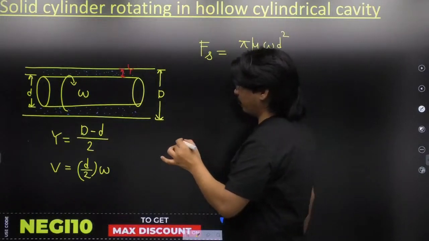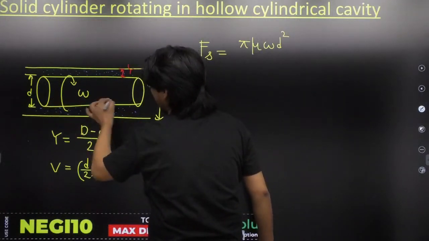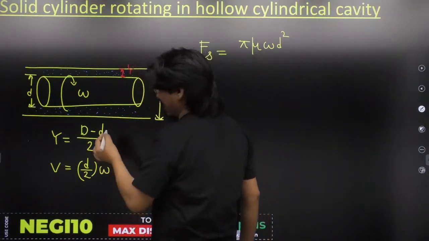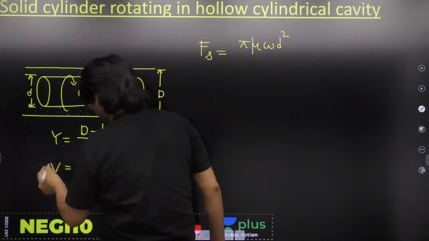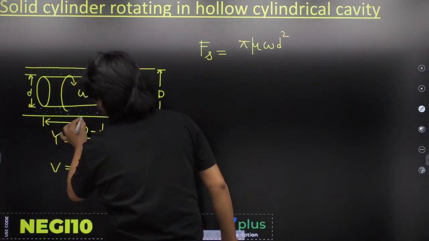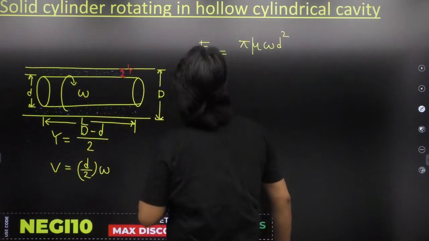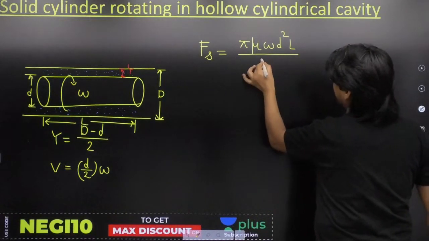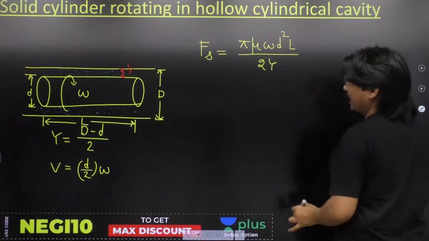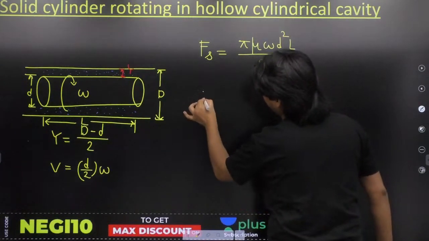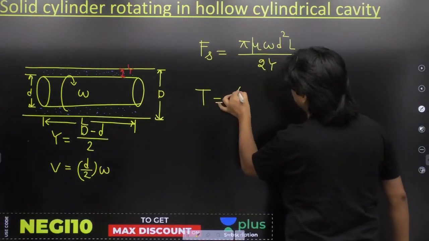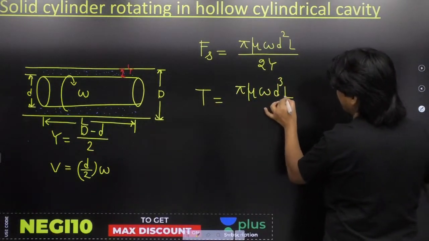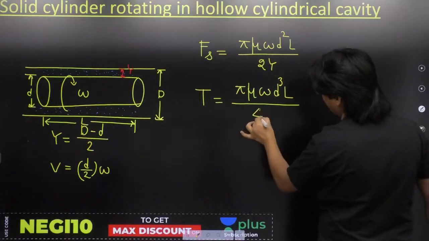What is shear force? Shear force acting on this inner solid cylinder is pi mu omega d square L divided by 2 capital Y. L is your length. And you remember we have derived torque formula also: pi mu omega d cube L divided by 4Y.